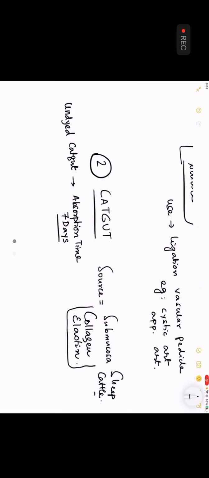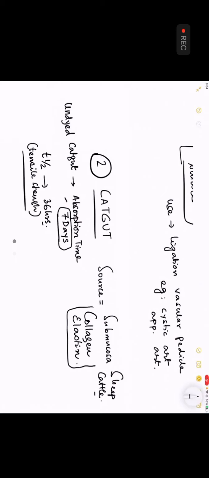By 7 days the catgut is digested. The T half here means not time, but the tensile strength half, which is only 36 hours. That means by 96 hours, the tensile strength is taken away. So this is not a very good material.